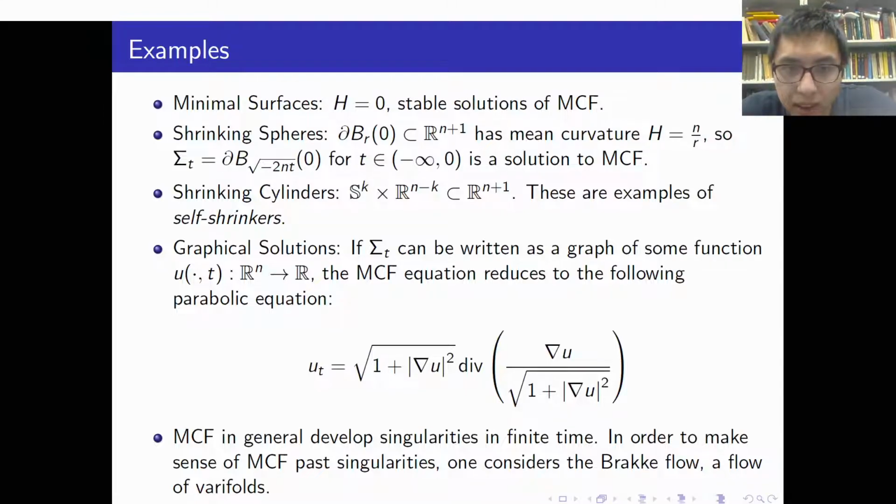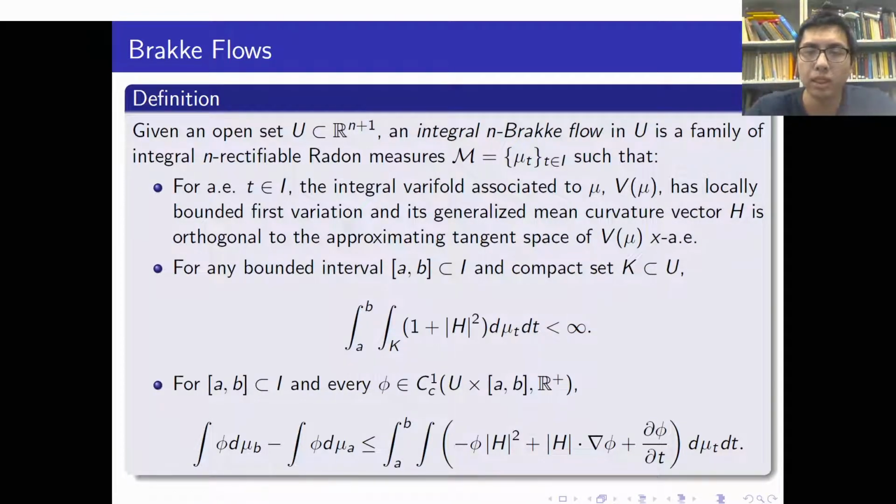I do have the definition of Brakke flows here, so this is just some formalities. You can see the Brakke flow is, in some sense, a flow of random measures. A varifold is a random measure in the Grassmannian bundle.